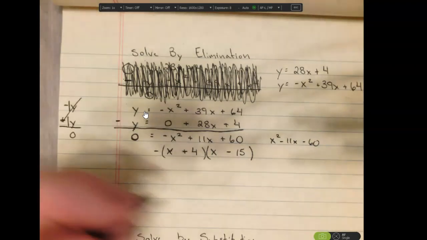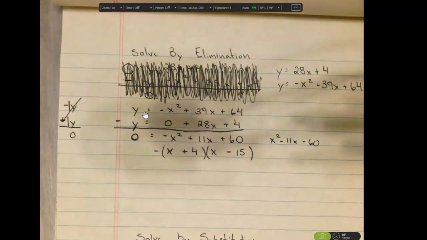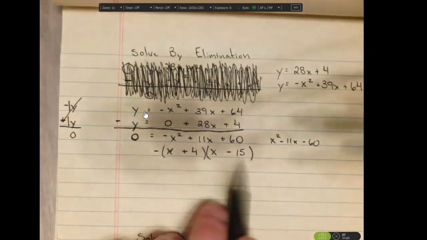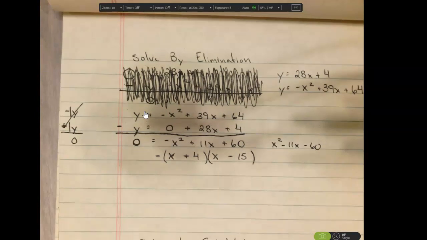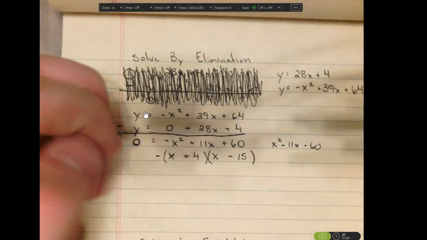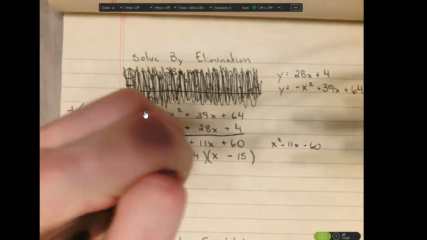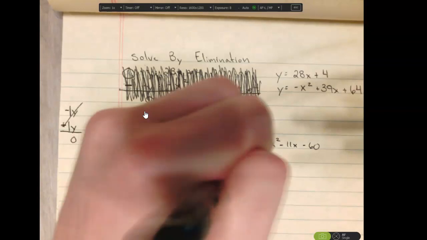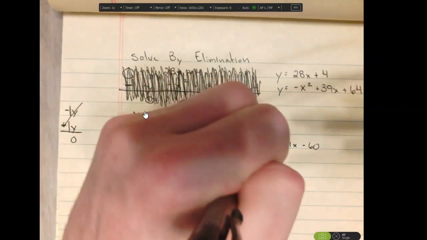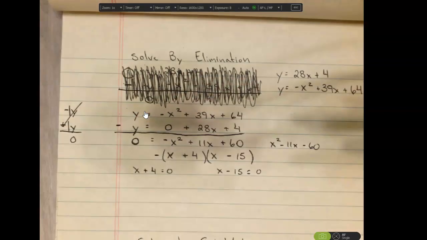Now I need to find out, okay, what does this x equal? So I'm going to set each one of these equal to 0. So I'm going to have x plus 4 equals 0. And I'm also going to have x minus 15 equals 0.